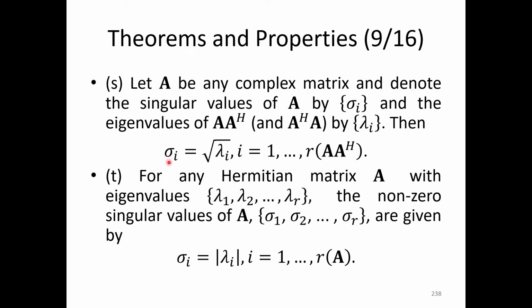Then sigma I is equal to the square root of lambda I, where I is equal to 1, etc., to R of A times A Hermitian.